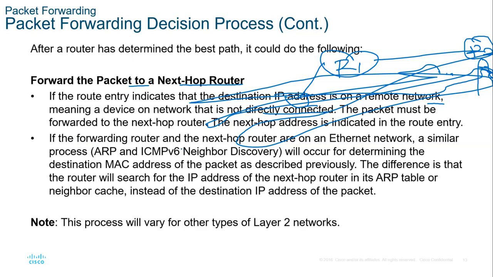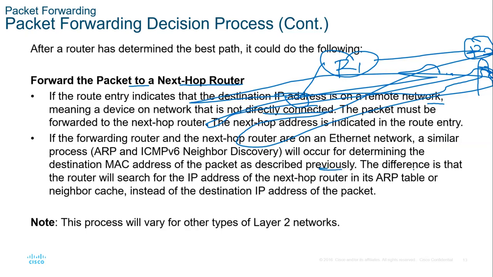If the forwarding router and next hop router are on an Ethernet network, similar processing, ARP and ICMPv6 neighbor discovery, will occur to determine the destination MAC address of the packet as described previously.